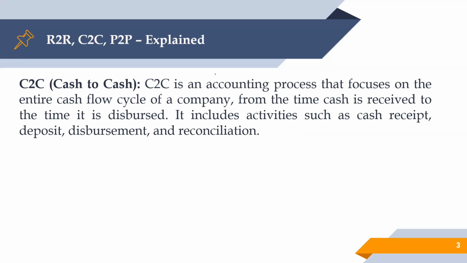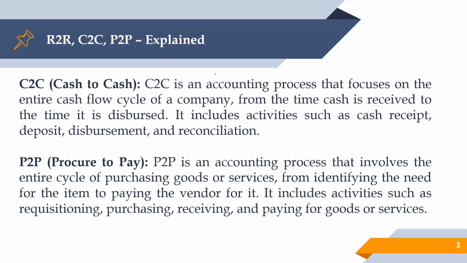So at the moment cash is received in the business until the disbursement, everything is captured in the cash to cash process. That's also important, since that entire process manages the cash flow cycle of that particular entity. That's the reason cash to cash is also one of the critical functions for any organization.